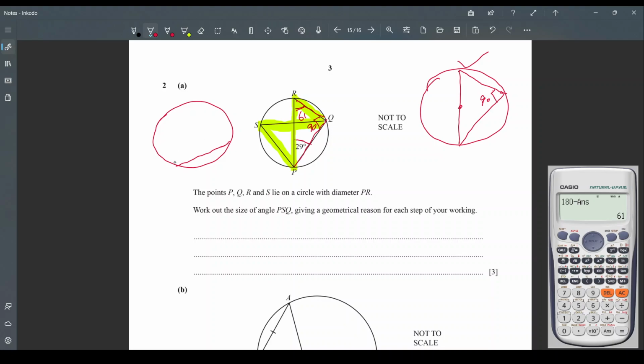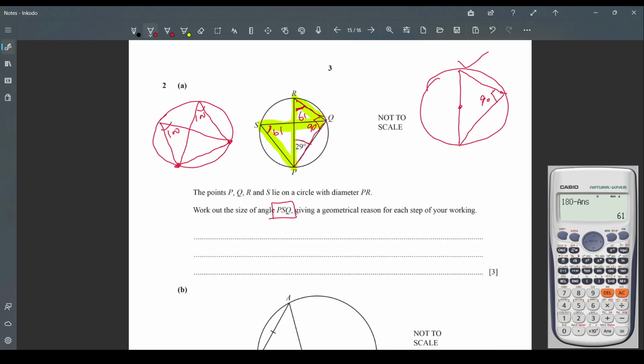This is a chord, so angle subtended on the same chord will also be equal to each other. So they both are standing on the same chord, so the both angle will be equal. If this is 100, so this will be also equal to 100. So same way, this is 61, so this should be equals to 61. So we just have to find out PSQ.